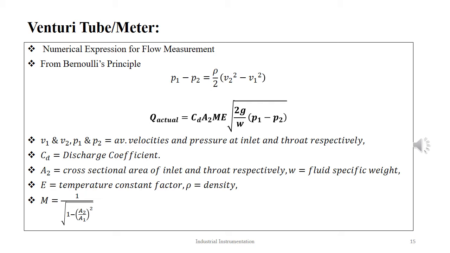CD is the discharge coefficient, A2 is the cross-sectional area of inlet, w is the fluid specific weight, E is the temperature constant factor, rho being the density, and M is given as 1 by under root 1 minus (A2 by A1) whole square.